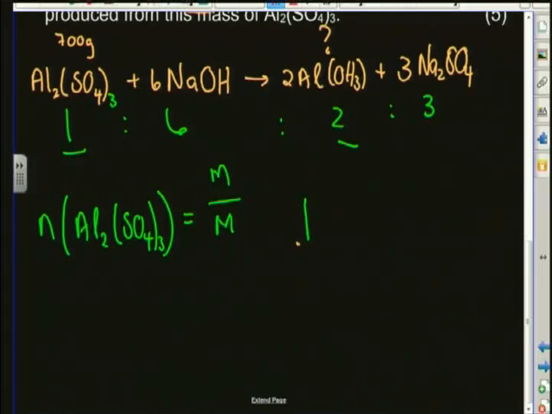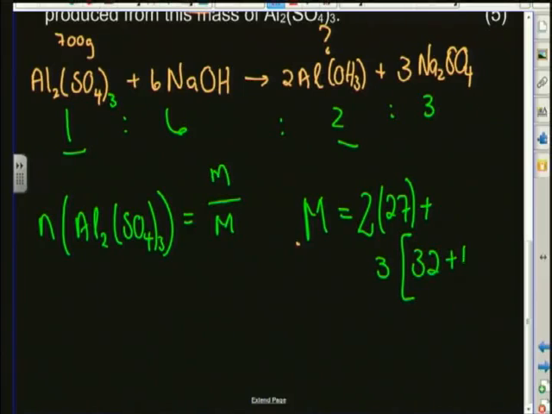Now, grade 12s, use your periodic table. The molar mass of aluminium sulfate means I'm going to take 2 times the mass of aluminium, which is 27, plus 3 times the sulfate's mass. Sulfur is 32, oxygen is 16.